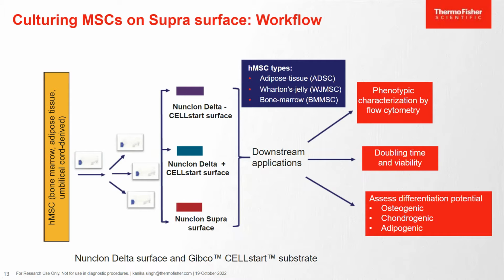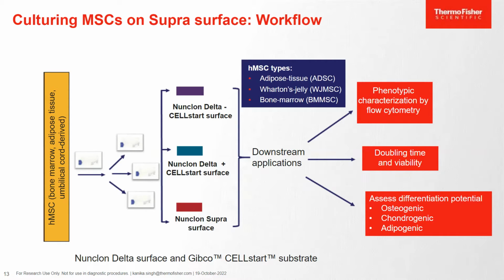After growing these three types of cells on these surfaces, we did certain downstream experiments. We checked for the morphology of the cells. How do they look once they are grown on these surfaces? What is the doubling time and the viability of the cells? We also did the phenotypic characterization.